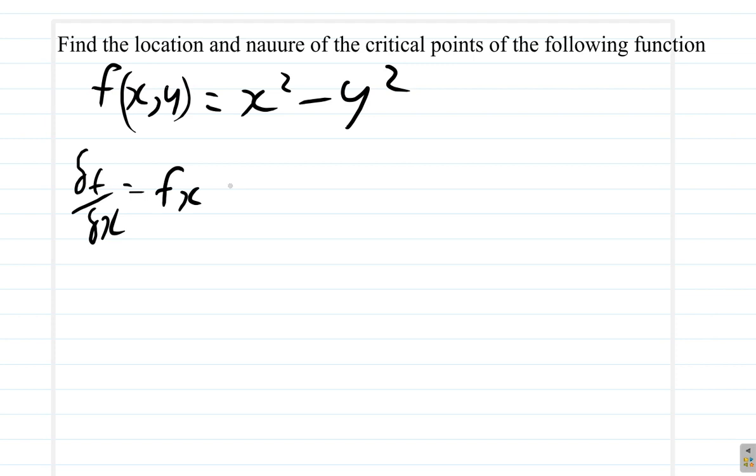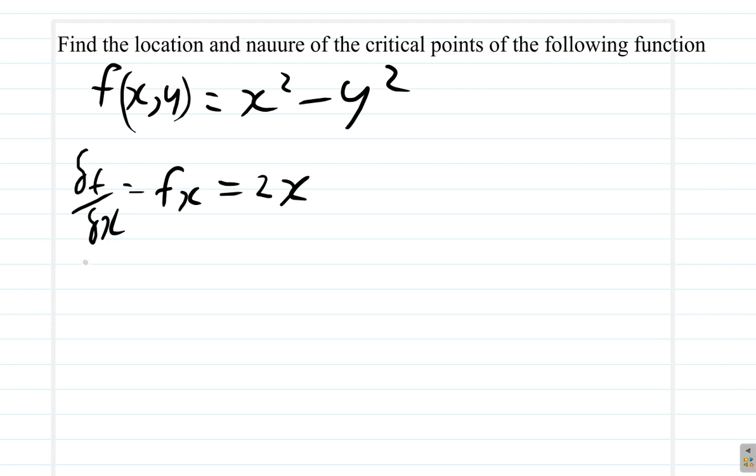Alright? Now, we differentiate this with respect to x. x is considered a variable, so we have 2x here. y we treat as a constant, so when you differentiate a constant with respect to x, we get 0.